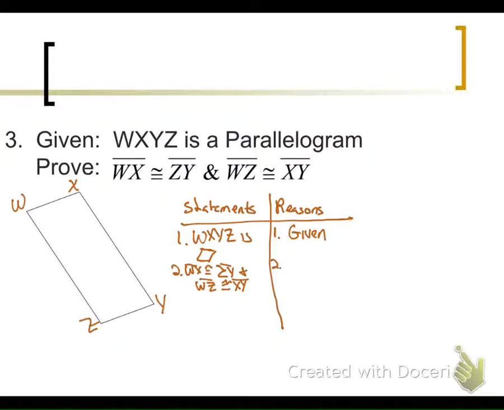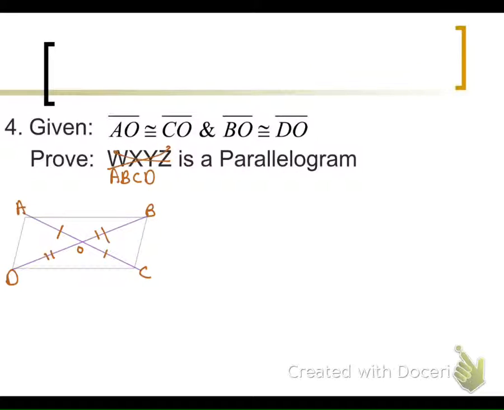And we know this because both pairs of opposite sides of a parallelogram are congruent. And this is because it's a property of a parallelogram.